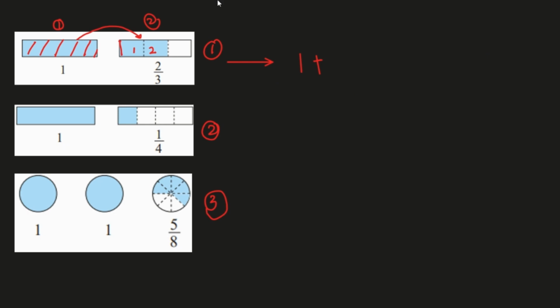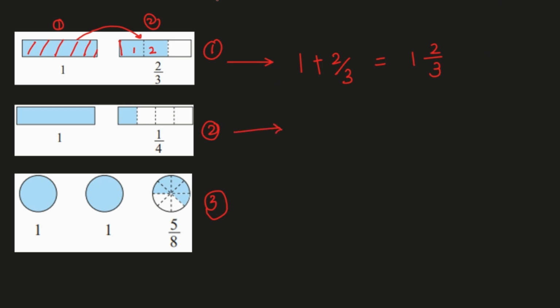It is 2 upon 3, right? So we can write it as 1 plus 2 upon 3. So this is a mixed number, so we can write it as 1 and 2 upon 3. Understood? Okay, now let's go to the second figure.